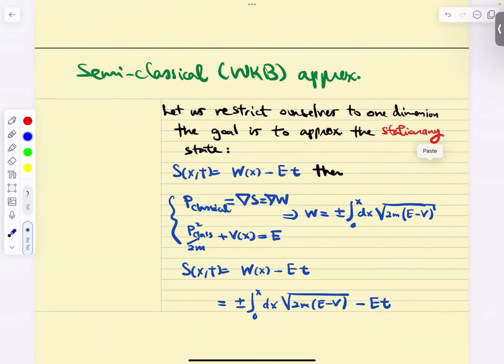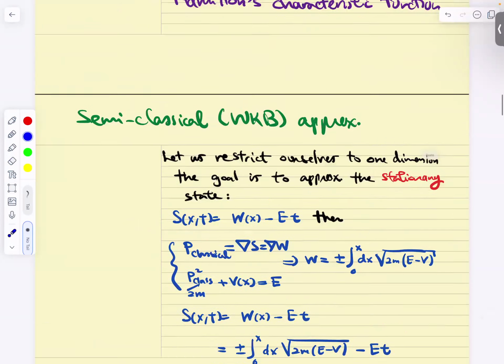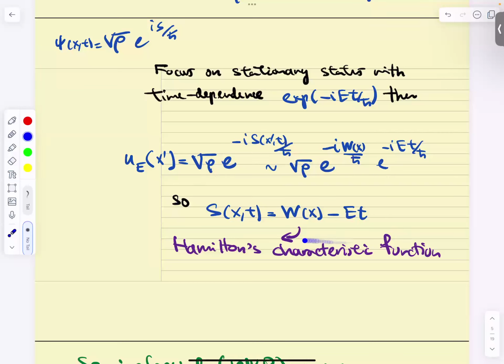Why do we do this? The reason is we're going to use this stuff to design an approximation method for solving the time independent Schrodinger equation. A time independent Schrodinger equation is a Schrodinger equation that holds for energy eigenkets.